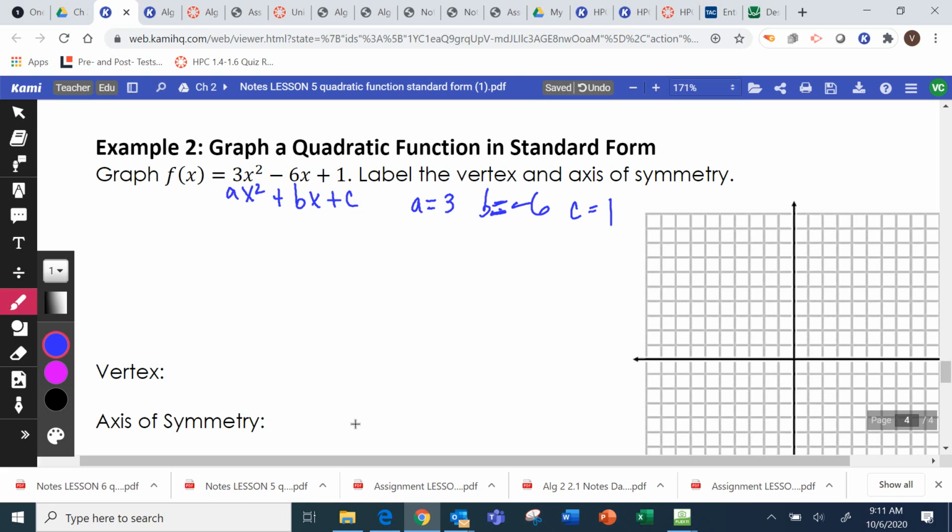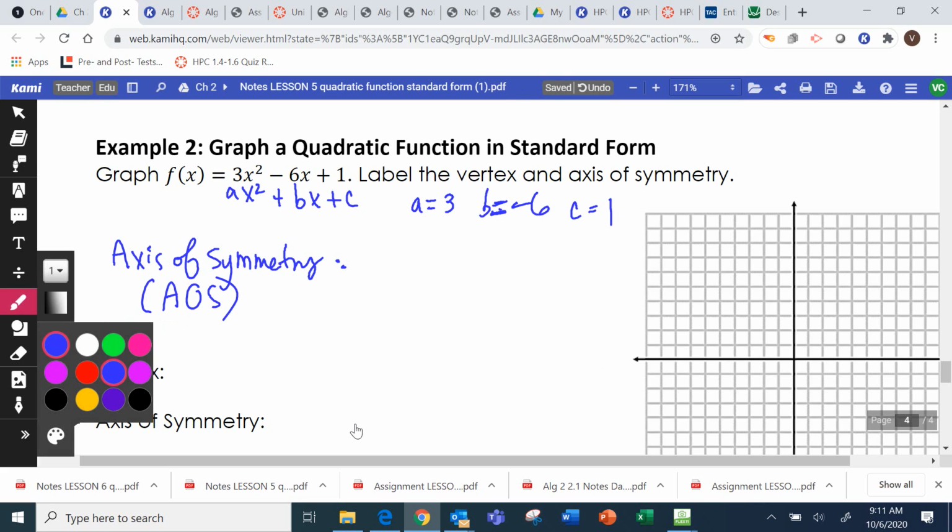We are going to find the axis of symmetry, which is the AOS. We're going to use a formula that I just wrote down on the other page, and you're going to write down this formula every single time until you have it memorized. X equals negative b over 2a.